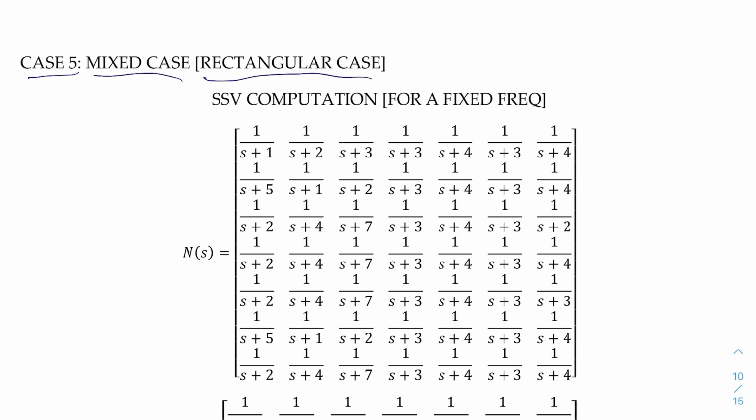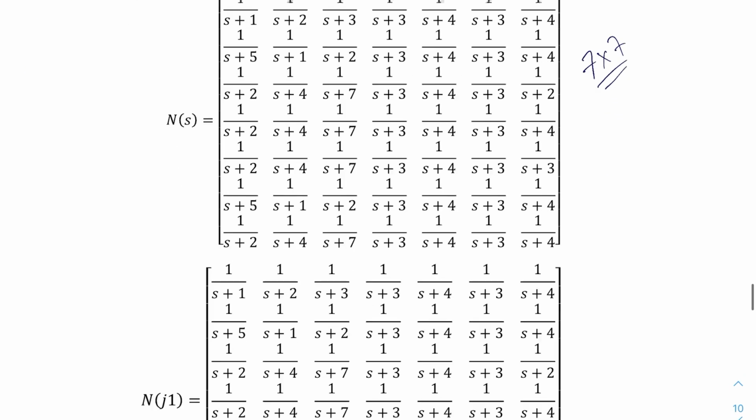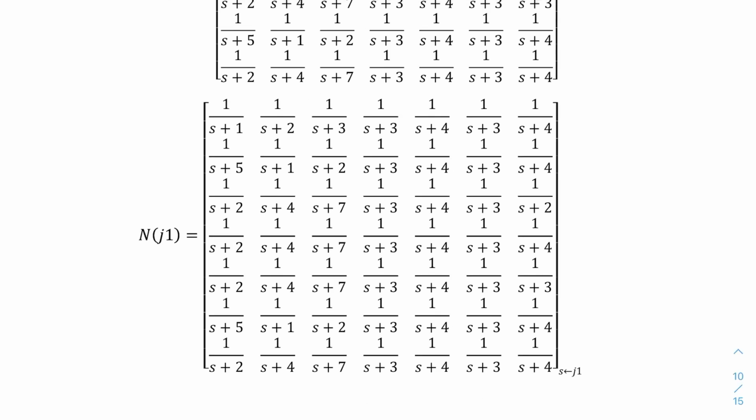Here, this is case 5, the mixed case and rectangular. There are some sub-uncertainty blocks that are rectangular, not square. Let me sip my coffee. Okay, and this is a 7 by 7 system, like close to a real life system. Of course, you wouldn't have that type of nice transfer functions in real life, I guess.